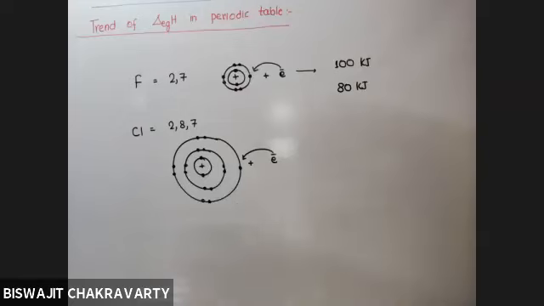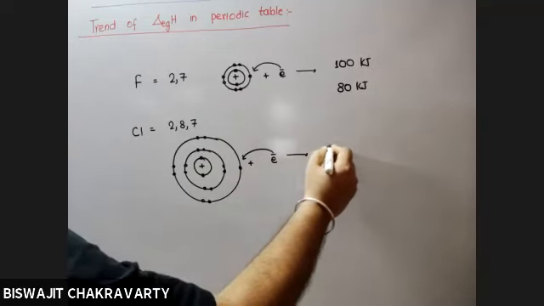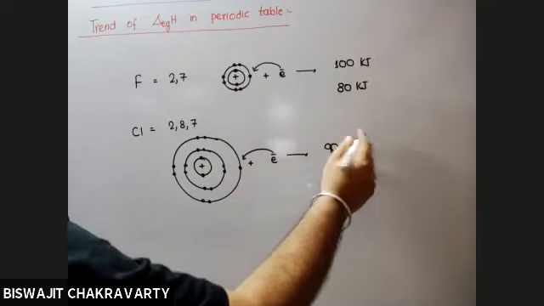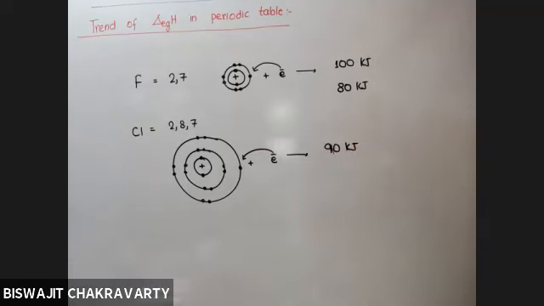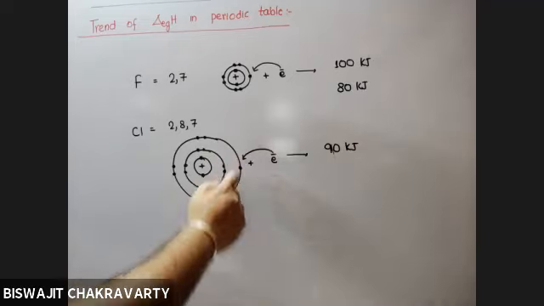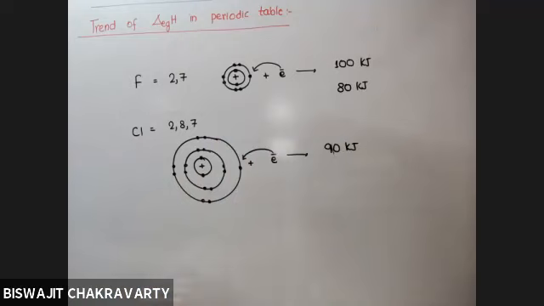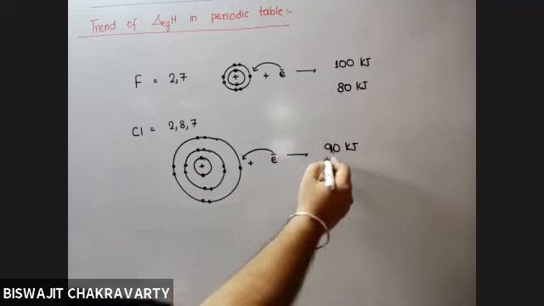Yes, sir. So suppose due to its size, I was expecting 90 kilojoules of energy, let us say. In reality, how much energy will be actually released in case of chlorine? If you are expecting 90 kilojoules of energy to be released when this electron gets in, actually how much energy will be released? 90 only, isn't it?